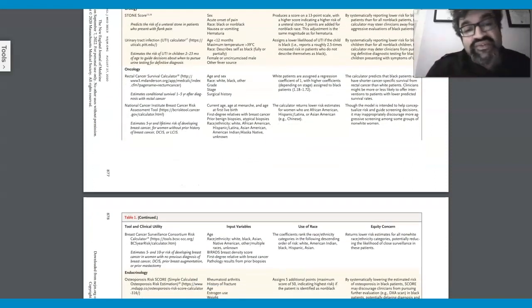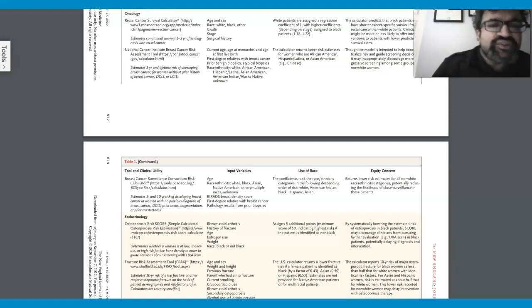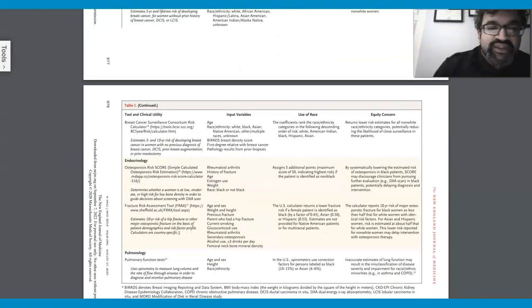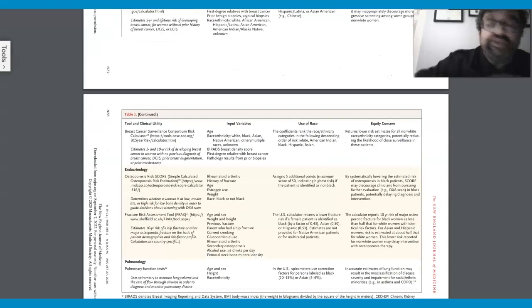But this continues into oncology, with the rectal cancer survival calculator, the National Cancer Institute breast cancer risk assessment tool, and the Breast Cancer Surveillance Consortium risk. So these are all in the area of oncology.